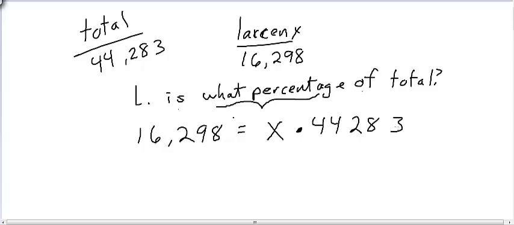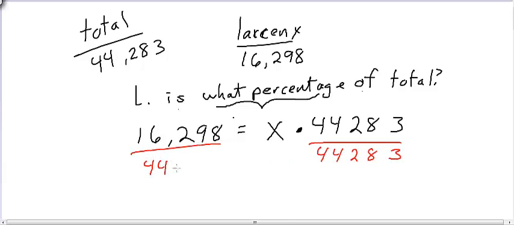So I'm solving the equation 16,298 equals x times 44,283. So to solve for my variable, I want to isolate my variable by getting rid of the 44,000. Since it's multiplication, to do so, I can divide, which should be the simplest, each side by 44,283.